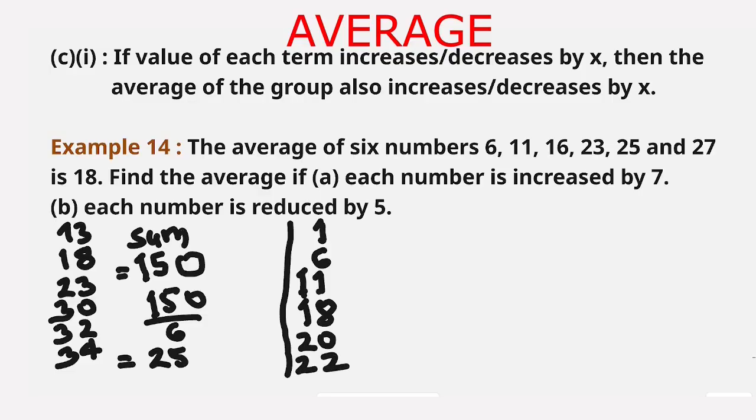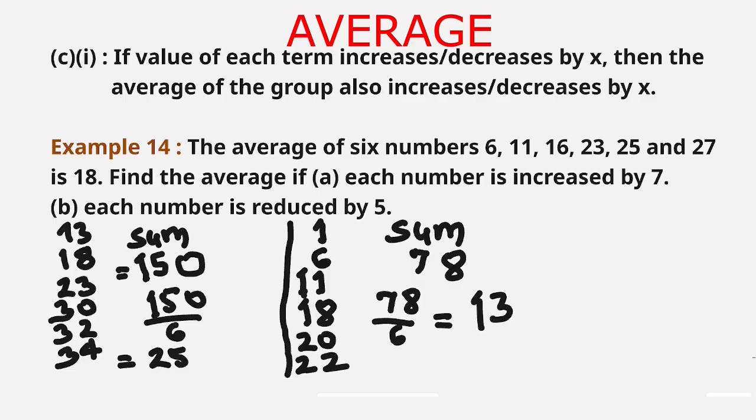Now their sum. 1 plus 6 is 7, plus 1 is 8, 8 plus 8 is 16, 16 plus 2 is 18. We carry 1, 1 plus 1 is 2, plus 1 is 3, plus 2 is 5, plus 2 is 7. Now the average, if we have to find, then we divide 78 by 6. 6 goes into 78 13 times.